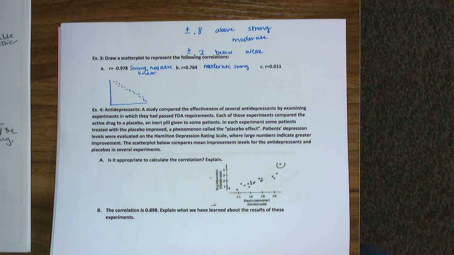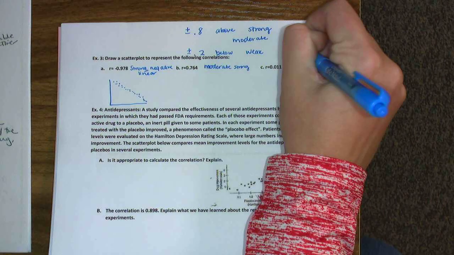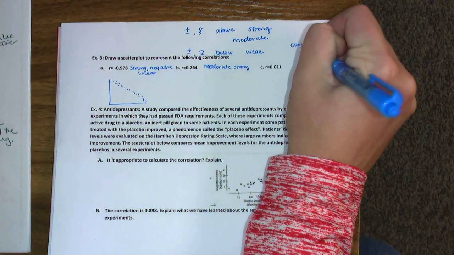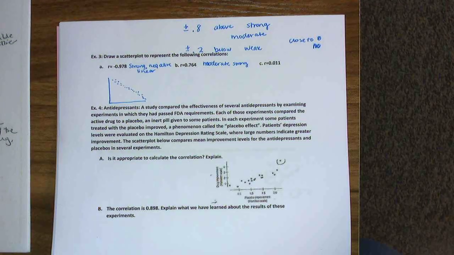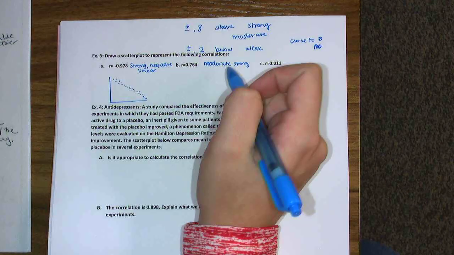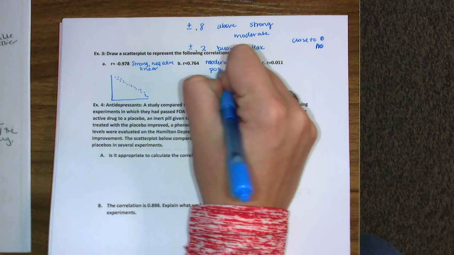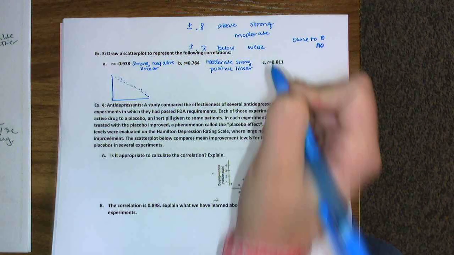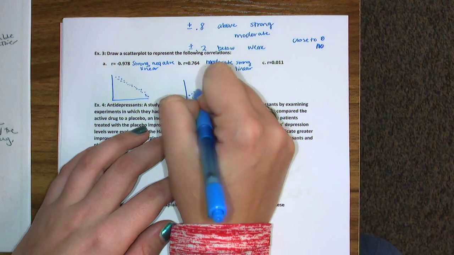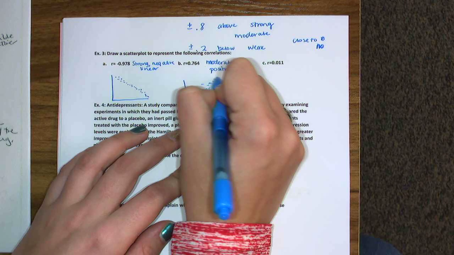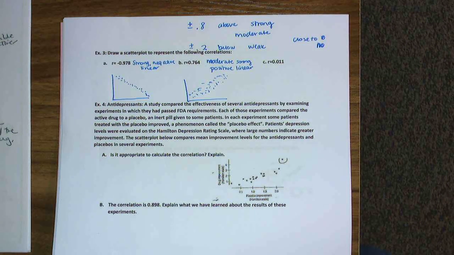As we get really, really close to 0, we would say no. N-O, no. Here we have moderate, strong, positive, linear, meaning that we're looking at something that's still going up, relatively strong, but it's not all compacted right there together.